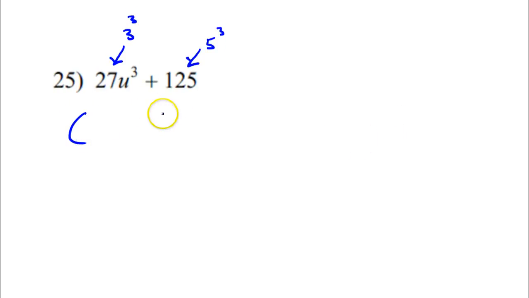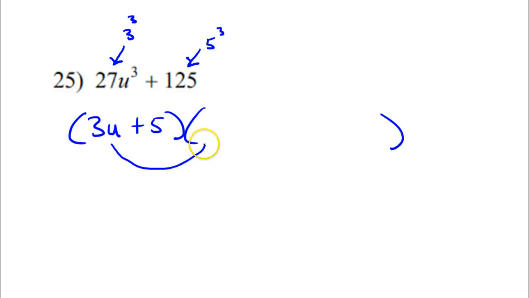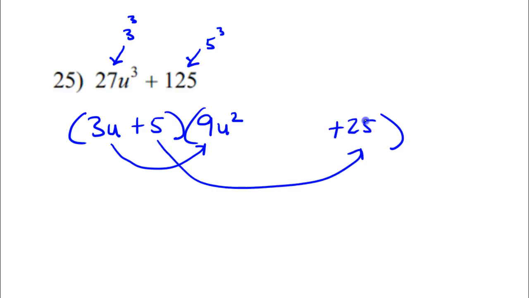So again, this will always factor as a binomial and a trinomial. 27 comes from 3, u to the third power comes from u, and 125 comes from 5 to the third power. If I take this and I square it, I'm going to get 9u squared. If I take this and I square it, I'm going to get positive 25.